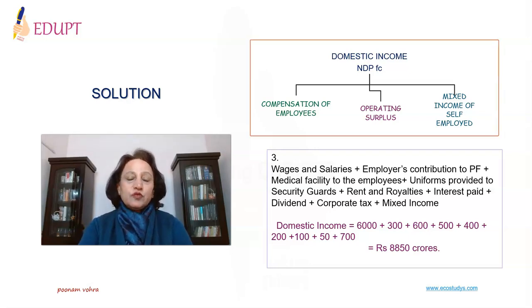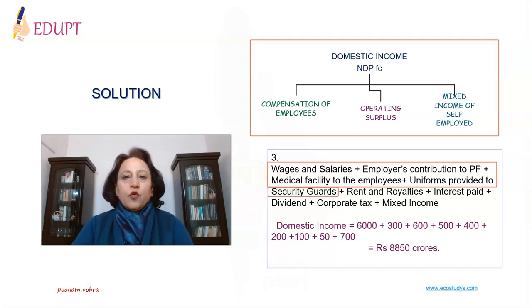So one has to look into the subcomponents of each component and then substitute the values. Wages and salaries, employers' contribution to Provident Fund, medical facility to the employees, and uniforms provided to security guards are a part of compensation of employees, that is, wages and salaries in cash, supplemental labor income, and wages in kind.